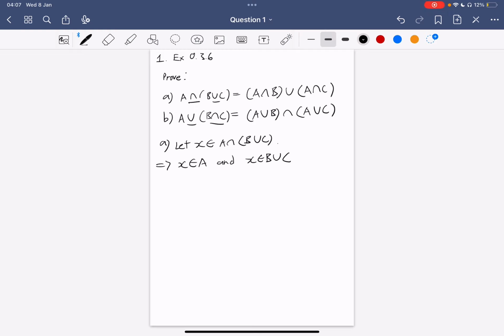X is an element of A and X is an element of B union C, which implies that X is an element of A and one of X is an element of B or X is an element of C.